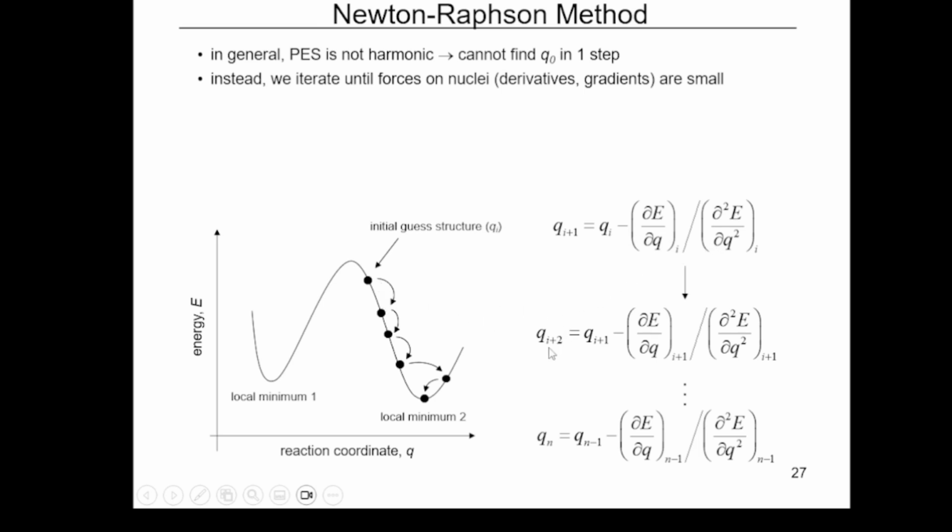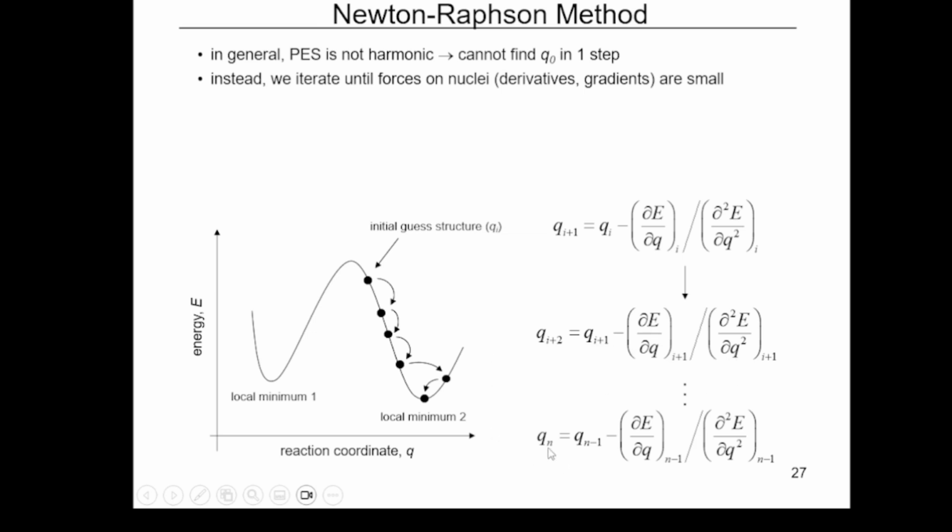Similarly, for the second part, qi plus 2 depends on qi plus 1, because for qi plus 1 the initial input is qi. When you're taking the second calculation here, your reference is i plus 1. So qi plus 2 is equal to qi plus 1 minus first derivative divided by second derivative.